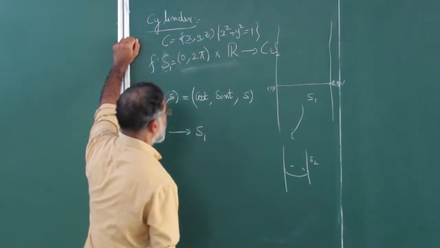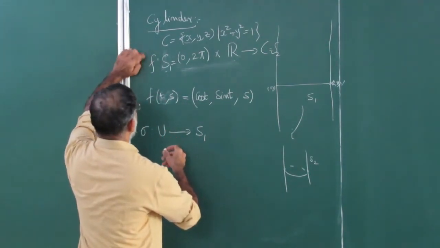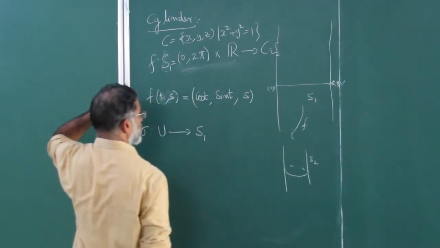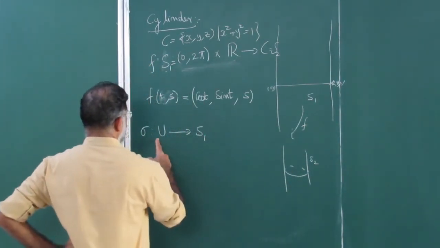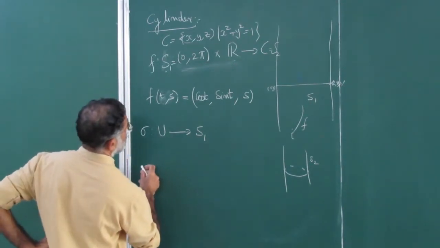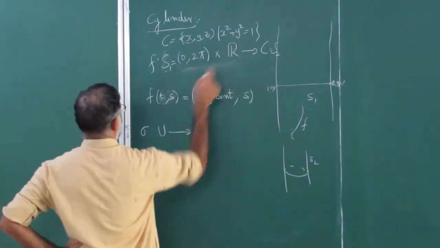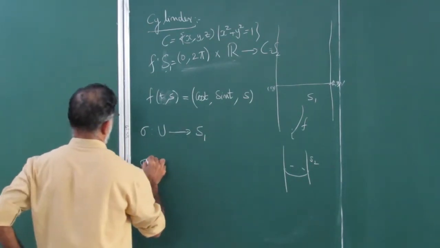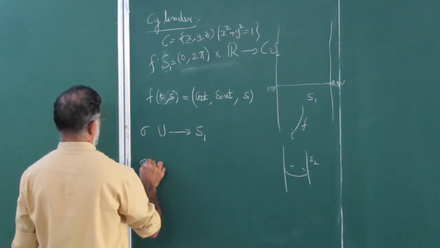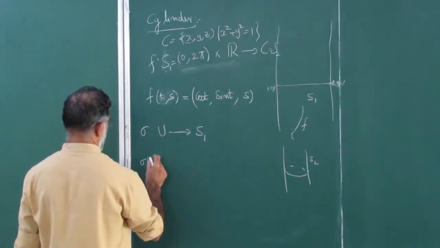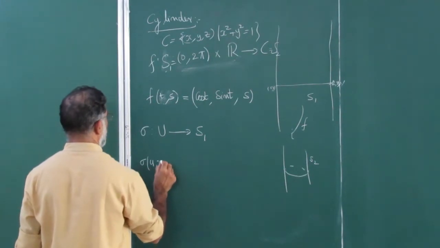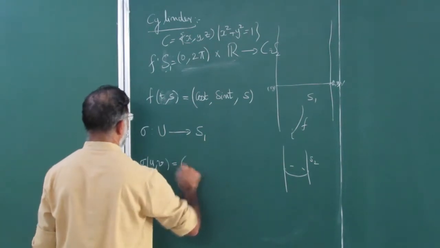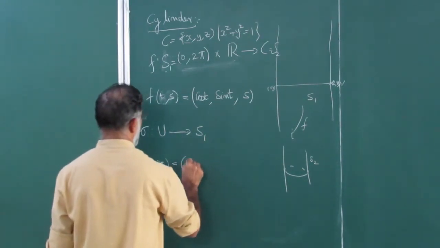All right. And then you have F composite sigma. Sigma u comma v is an element here that will be of the form t comma s.